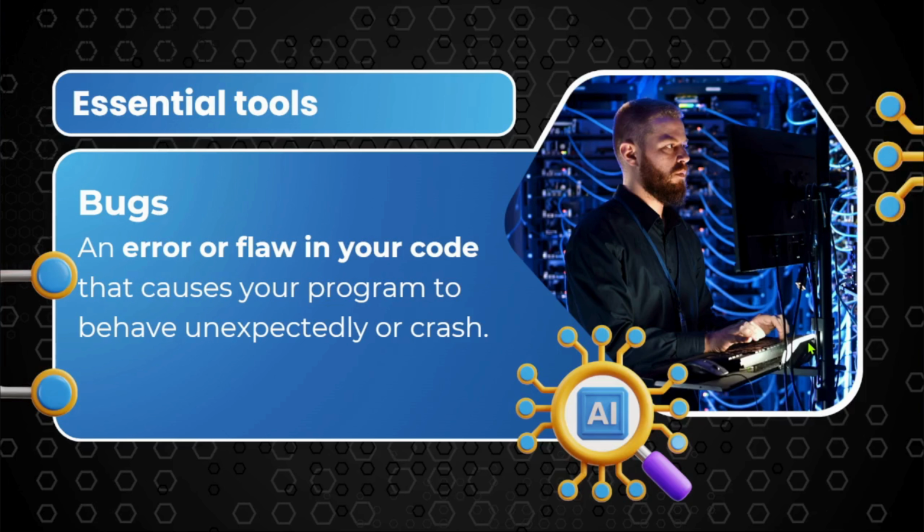That mistake is what we call a bug. In programming, a bug is simply an error or flaw in your code that causes your program to behave unexpectedly or crash. Don't worry, even the pros or advanced programmers experience this flaw in their code. Okay?